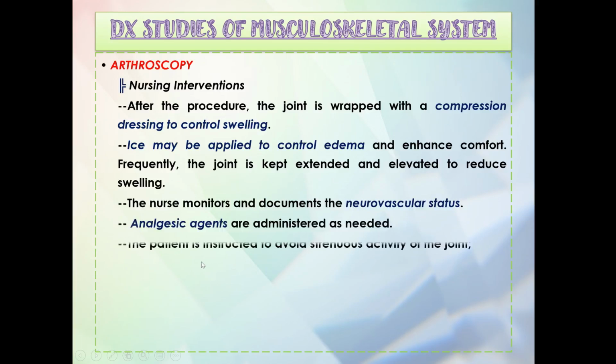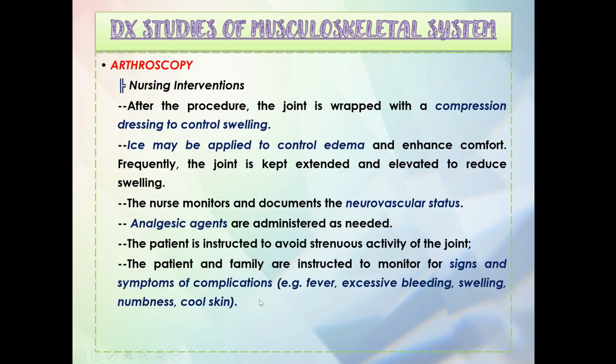Analgesic agents are administered as needed. The patient is instructed to avoid strenuous activity of the joint. And then the patient and family are instructed to monitor for signs and symptoms of complications like fever, excessive bleeding, swelling, numbness, and cold skin.